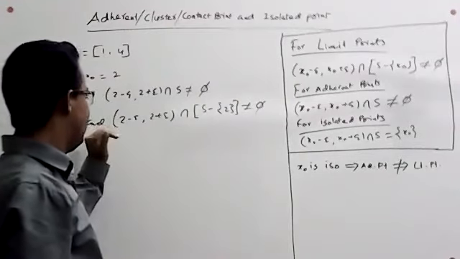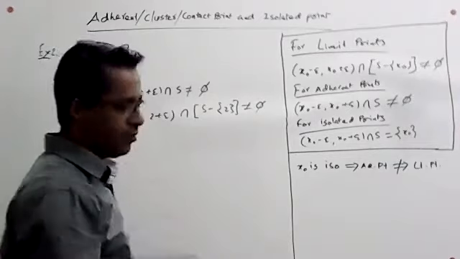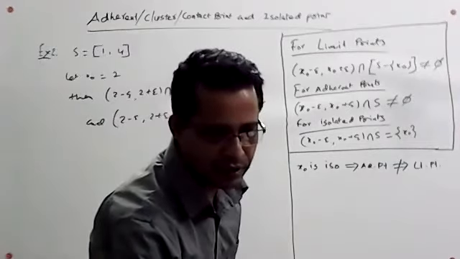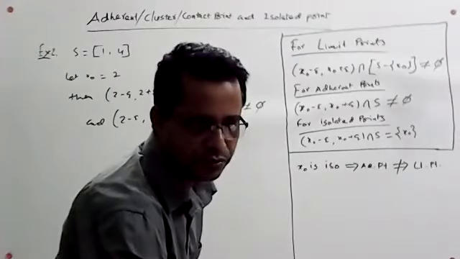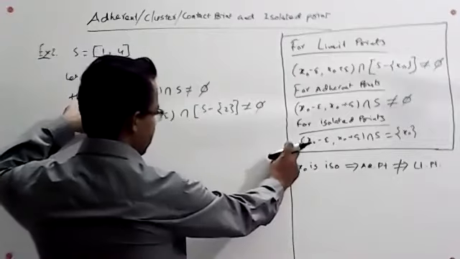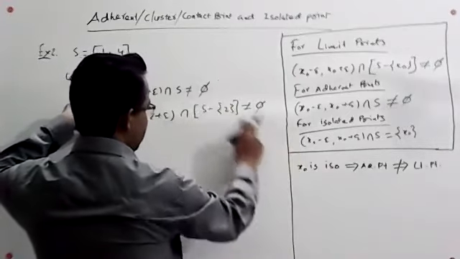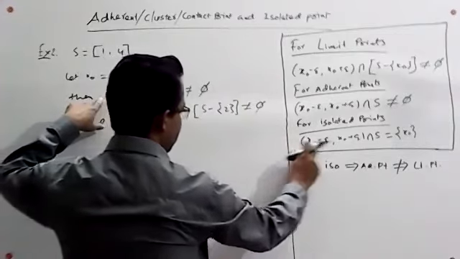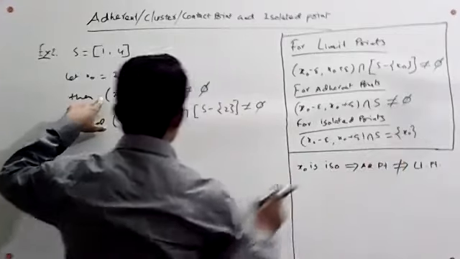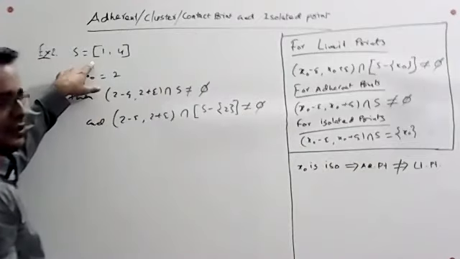But for an isolated point, the intersection would need to contain only one point, whereas here it contains infinitely many points. So 2 is not an isolated point of this set.